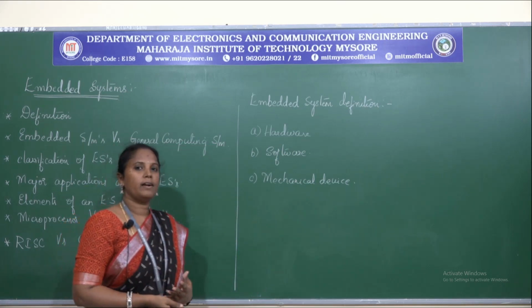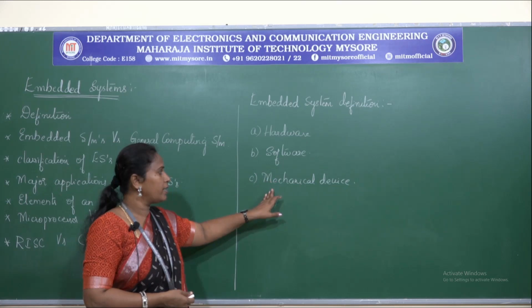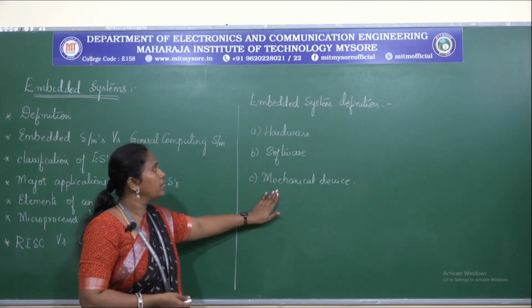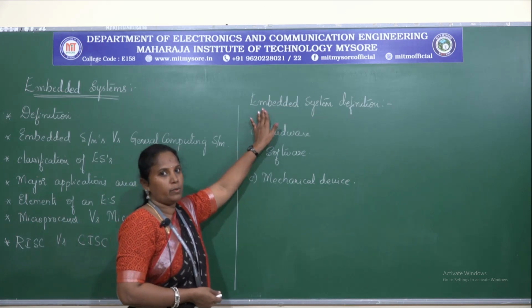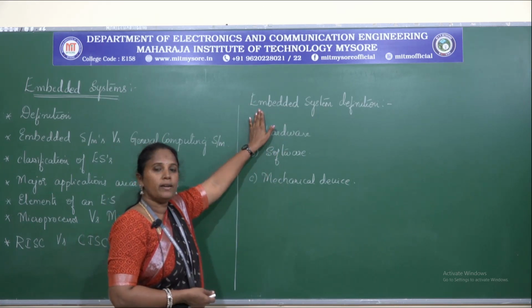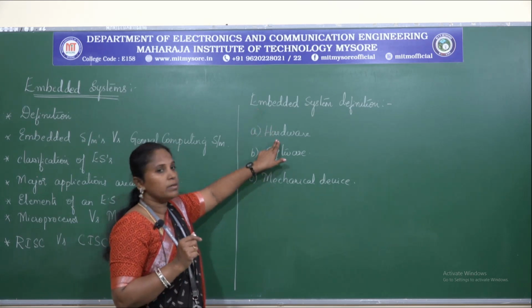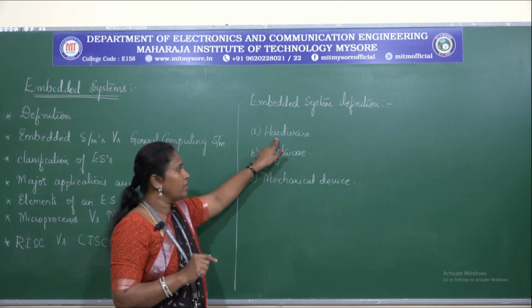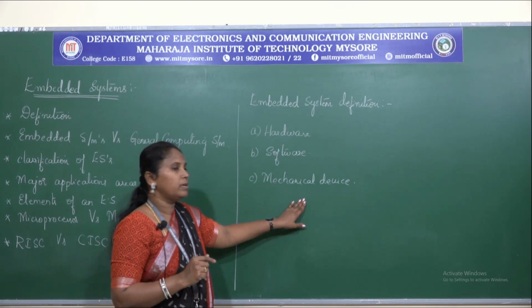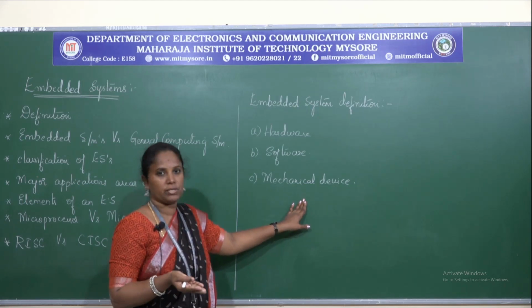Along with hardware and software, we also require a mechanical device, which makes it unique and is why it is called an embedded system. It is a general computing system which constitutes hardware, software and a mechanical device, and can be used for a variety of applications.